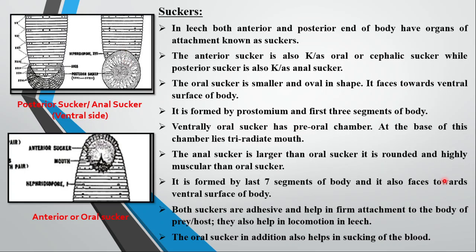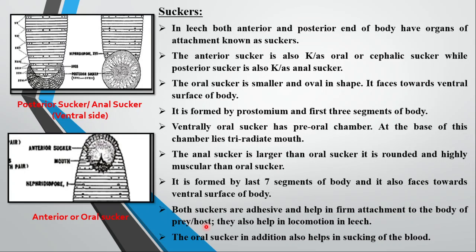It also faces towards the ventral surface of the body. Both suckers face the ventral surface. Both suckers are adhesive. Adhesive means they stick to the substratum or any surface. So they help in firm attachment to the body of the prey or host.